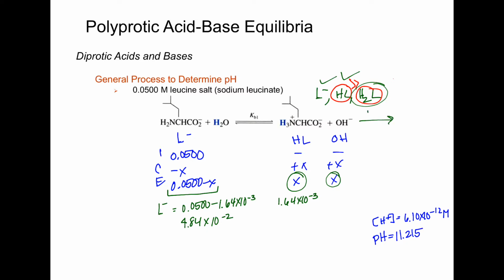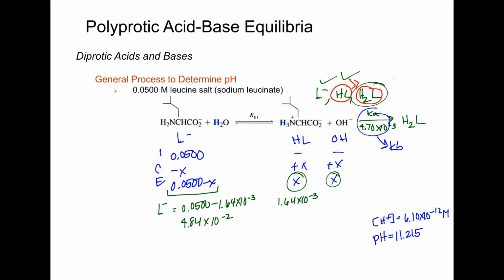equilibrium. It had a Ka that was given. It was 4.7 times 10 to the minus 3. And that's when it was making its H2L. So we can use that Ka to find Kb, and then we can use an equilibrium expression to make sure that those concentrations work out there.